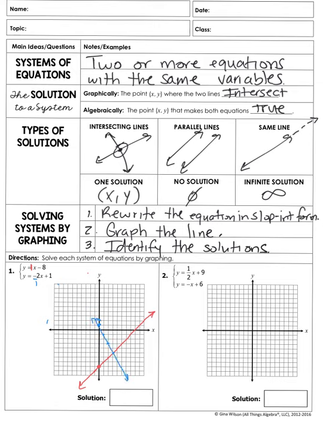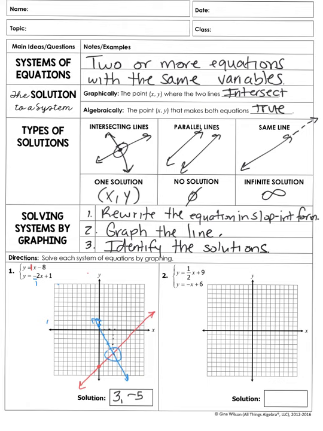Okay, so the point of intersection is right here. What are the coordinates for that point? Well, let's see. 1, 2, 3. Negative 1, 2, 3, 4, 5. So (3, -5) is the solution to that system of equations.